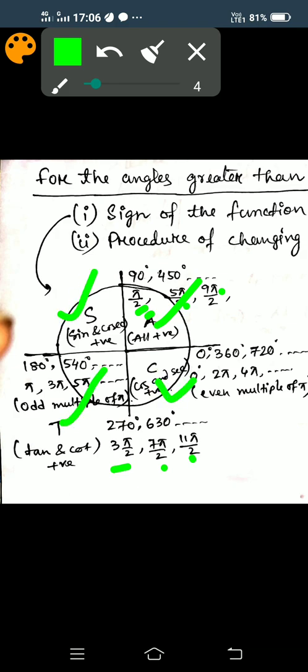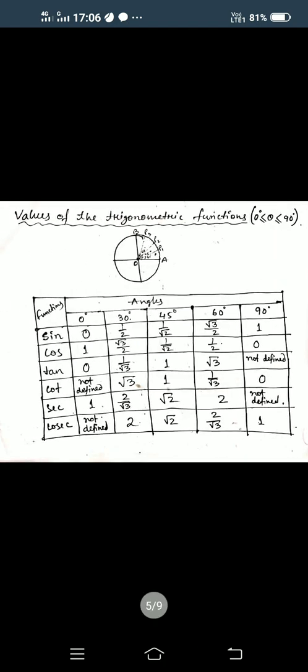So now we'll discuss how we can find the sign of the function. Just see, if the angle is lying in the first quadrant, then all functions will be positive. Just see here in the table we got, all the values are in the first quadrant, because all the angles are between 0 to 90 degree.